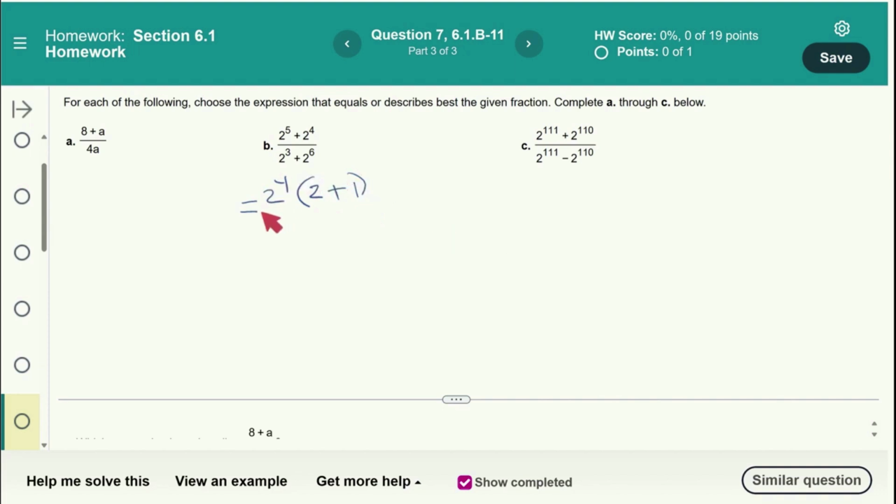Now we're going to do the same on the bottom. Notice that 2 cubed does go into 2 to the 6, so we have a common factor of 2 cubed. Now that leaves us 1 plus, so what is 2 to the 6 divided by 2 cubed? That's 2 to the 6 minus 3, or 2 cubed, right?